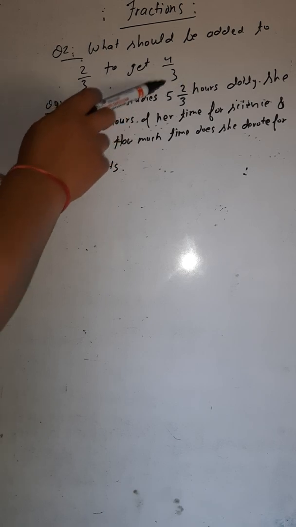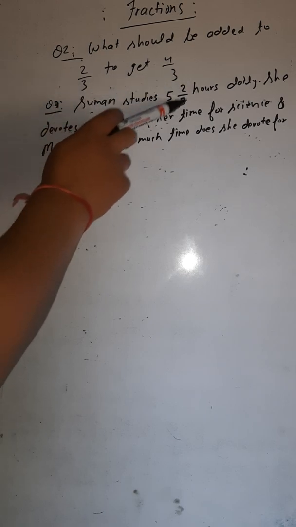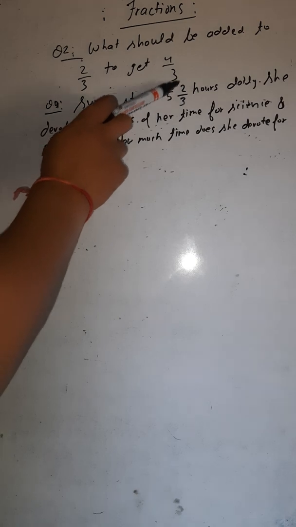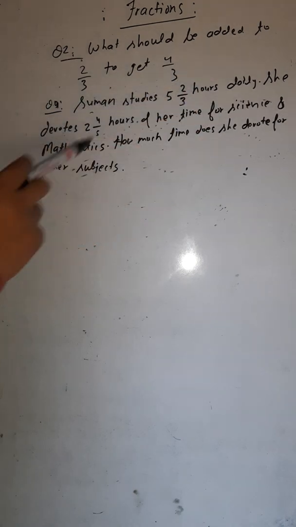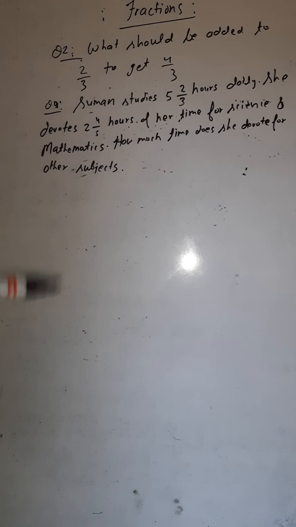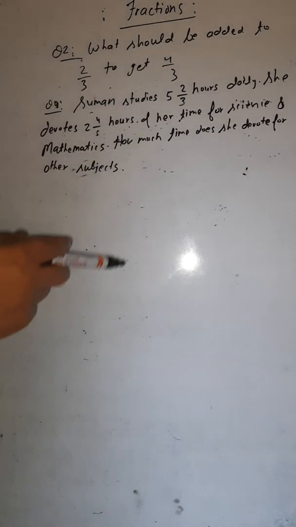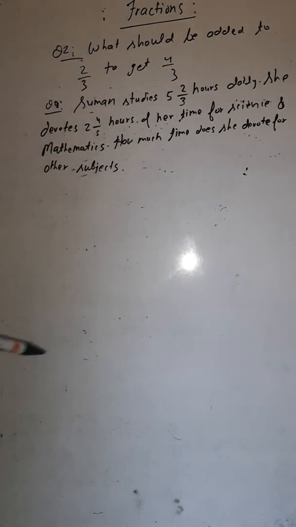So how would she study other subjects? Because the total time for her study is 5 whole 2 by 3 hours. Out of this, some time she is giving for science and mathematics. So what would be the time that would be left for other subjects? How would you do this?